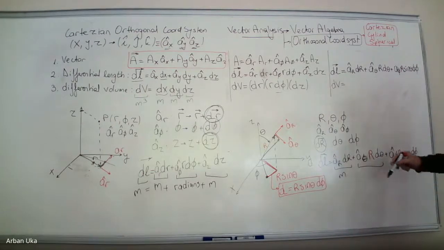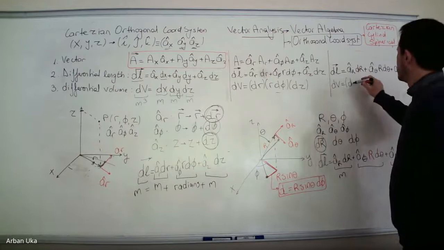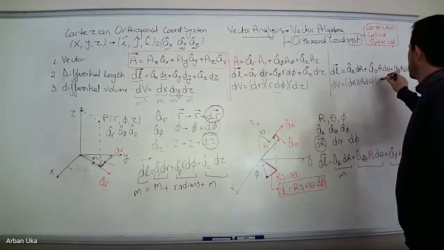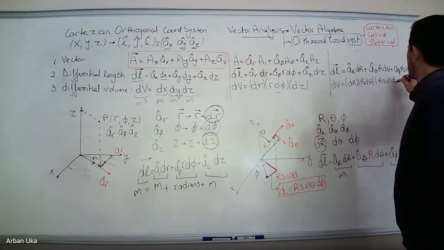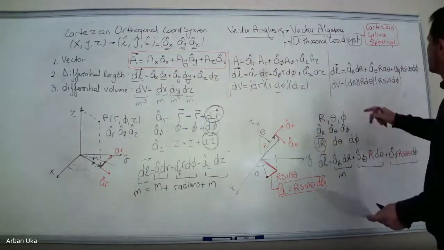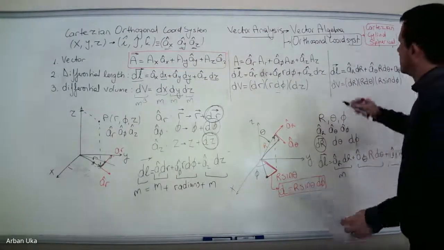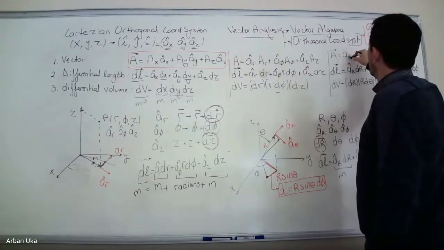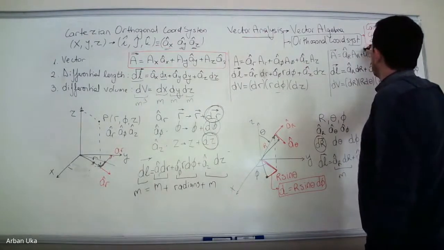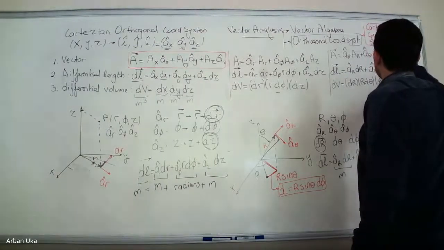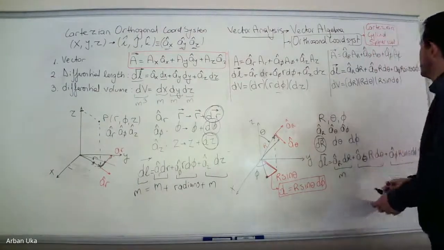This is going to be equal to the first component, dr. The next component is r d theta. The next component is r sine theta d phi. That's it. These are all the relevant units. We should also include this: any vector A is always equal to AR times the projection along the AR plus A theta times the projection along the A theta, plus A phi times the projection along the A phi.